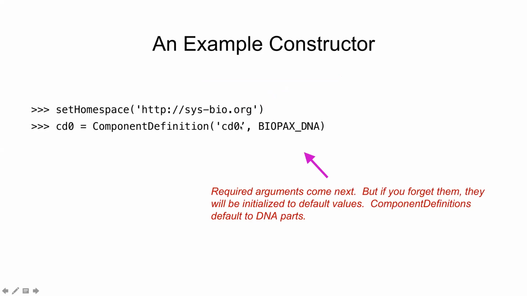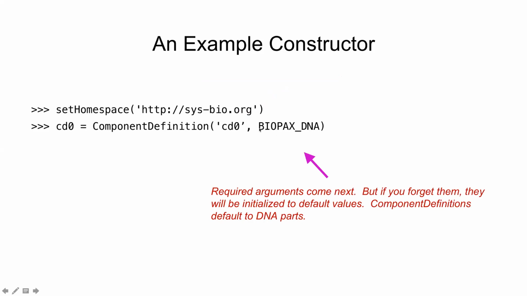Constructors also have required arguments. This is also something that is closely matched with the spec document. And I will show you, in a couple of slides, how you can tell, looking at one of those UML diagrams, what is a required argument.